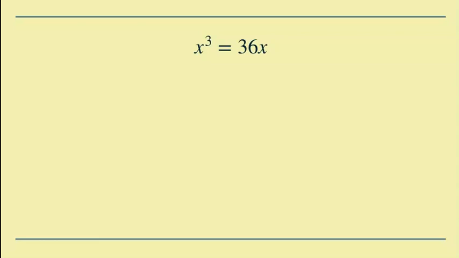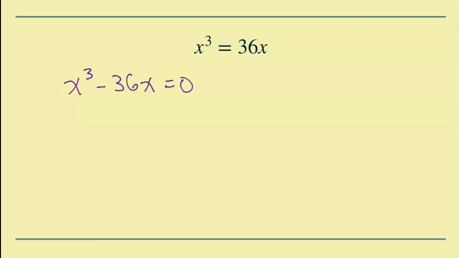Instead of dividing x away, which causes us to lose one of our solutions, instead I'm going to set this equation equal to 0. So I'm going to rewrite it as x cubed minus 36x equals 0. And then I'm going to factor the left side of this equation so that I have a bunch of factors and I can set them equal to 0.